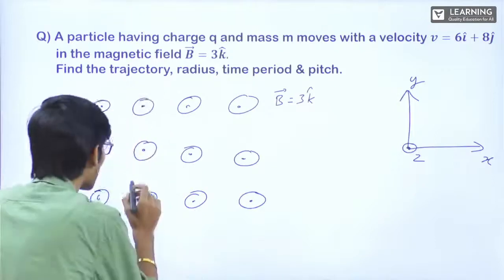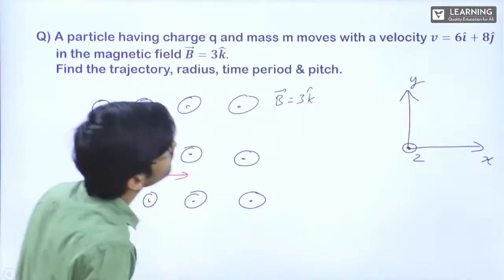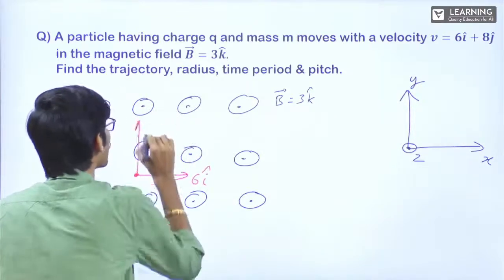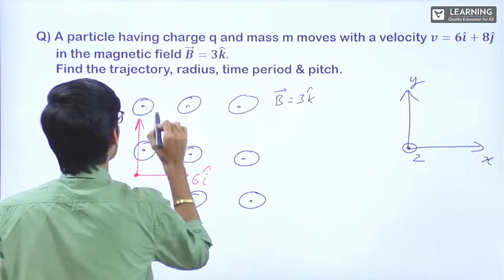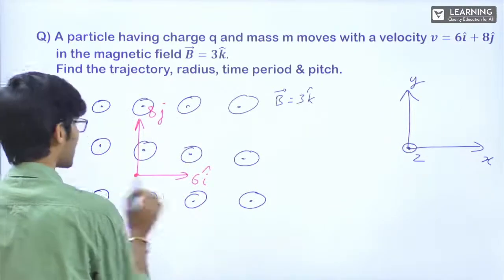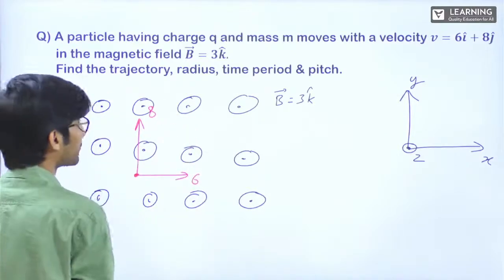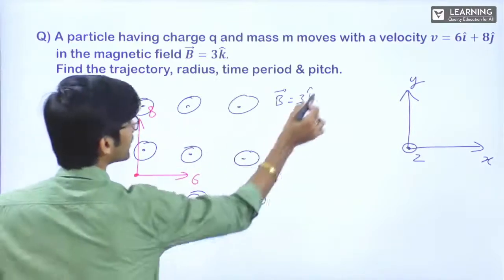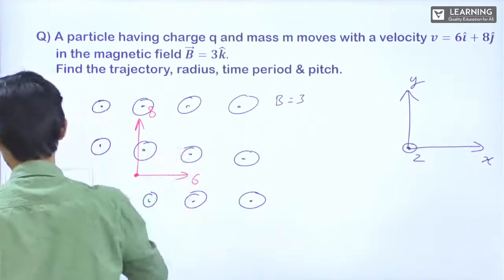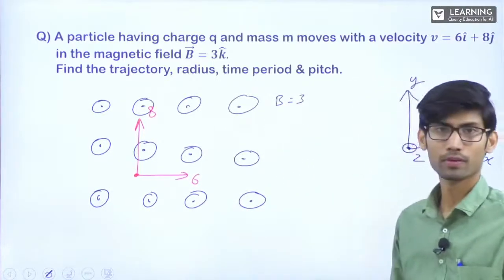This i cap means one velocity is in this direction, that is 6 i cap. One velocity is in this direction, that is 8 j cap. Since I have already shown the directions, instead of writing i cap j cap, I can write 6 and 8. Here also I can write 3. Understood?